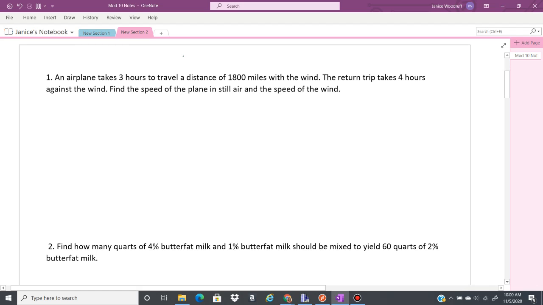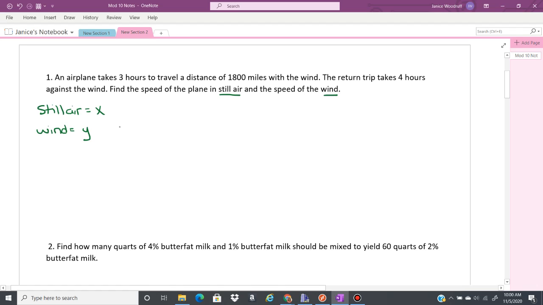So what we want to do here is set up variables to represent the speed of the plane in still air and the speed of the wind. So let's make still air x, and we'll make wind y.